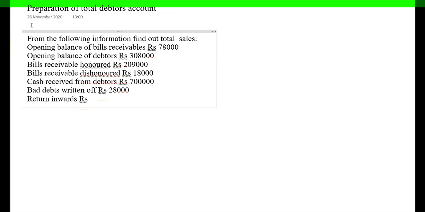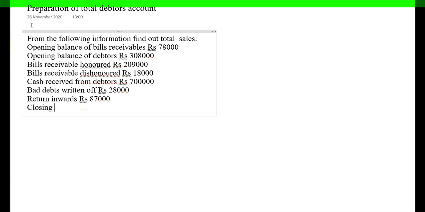Then cash received from debtors, rupees 7 lakhs. Then bad debts written off, rupees 28,000. Then return inwards, rupees 87,000.